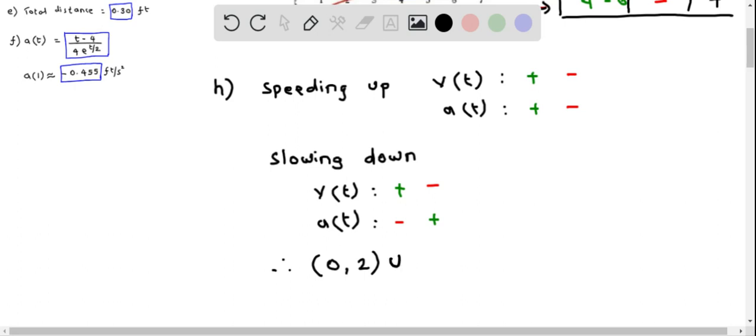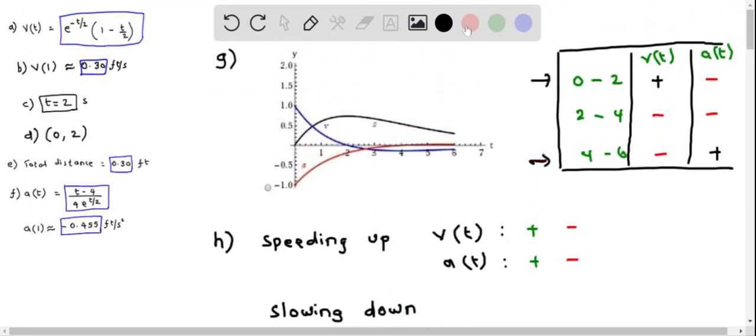We write this as a union with 4 to 6, and it is speeding up only in the interval 2 to 4, because only in the interval 2 to 4 do the velocity and acceleration have the same sign. So we can see that in the interval 2 to 4, the particle is speeding up.